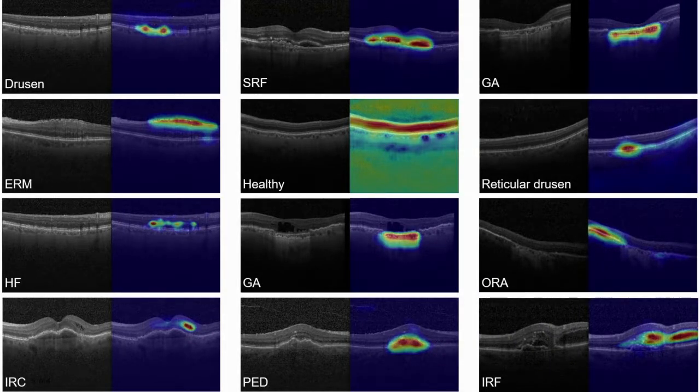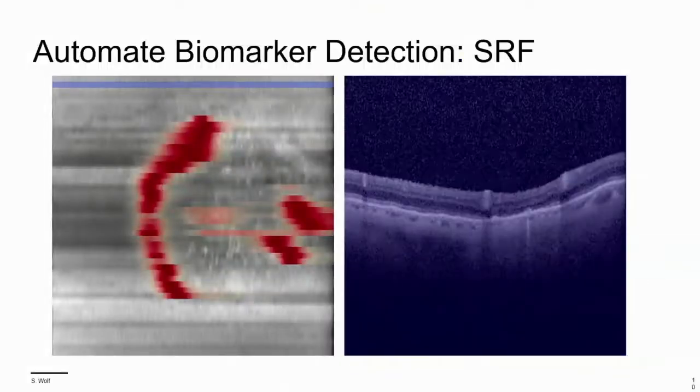We could also look at the activation maps or heat maps, which give you location information of the different biomarkers. If you compare the OCT scans, like in the first row, drusen, subretinal fluid, and geographic atrophy, there's a very good local correlation between the presence of the biomarker and the location. So this gives us a location of the biomarker for free without having segmented it.